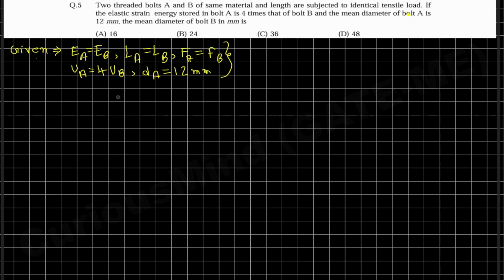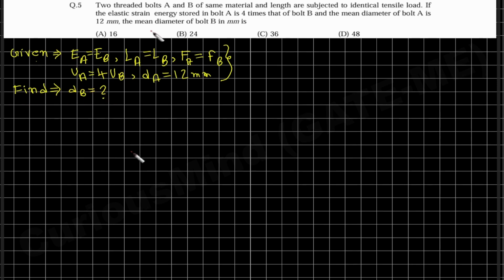And the diameter of bolt B is to be determined. So basically, what this question is asking is about the mean diameter of bolt B. And what we have been given here is a comparison between the elastic strain energies of 2 bolts.